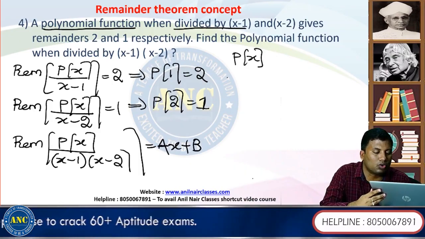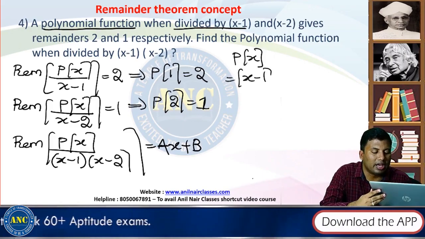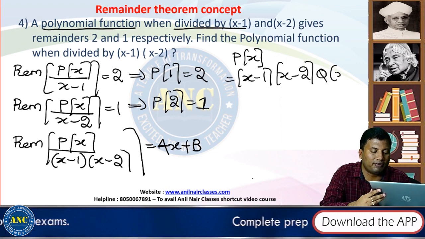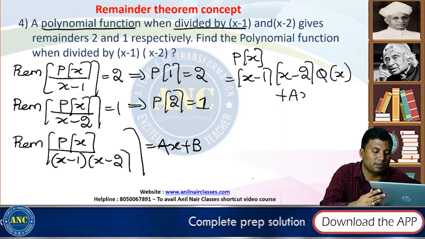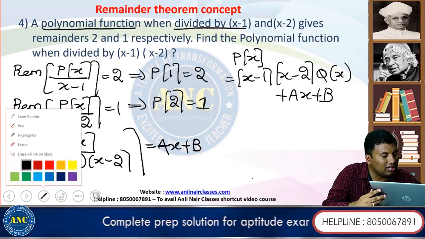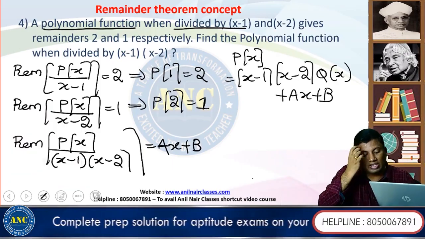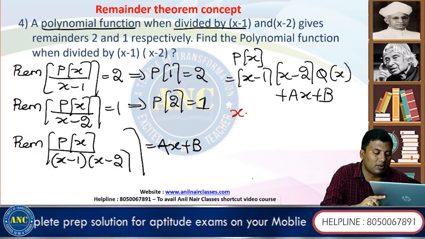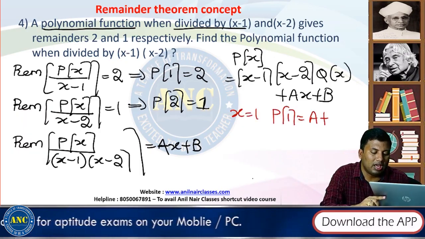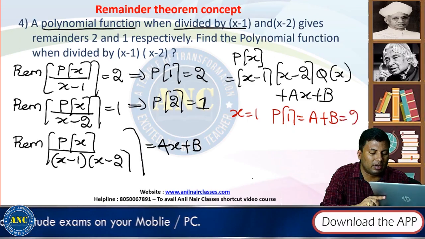Dividend equivalent to divisor into quotient plus remainder. X minus 1 into x minus 2 into q of x plus ax plus b. Easily you will get the answer. I will tell you another shortcut approach after this method. If I put x equivalent to 1, p of 1 equivalent to a plus b, p of 1 is nothing but 2.